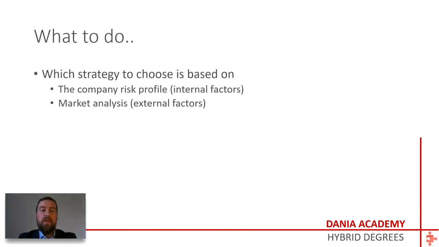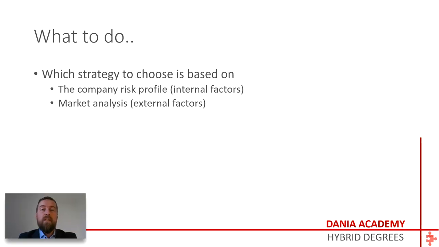What to do? Well, which strategy to choose is based on the company risk profile, the internal factors. So you need to do an internal analysis. How willing are they to take risks? And then the market analysis. Are there market forces which are changing?